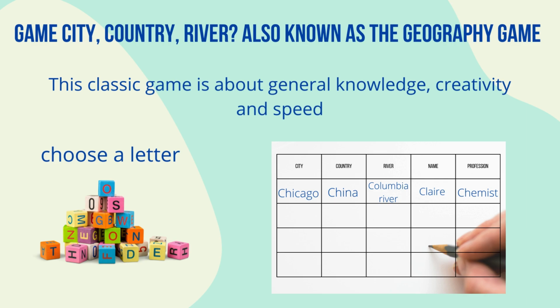Now an initial letter is determined for each game round, for which matching terms must be found in all categories in 1 or 2 minutes. As soon as a player has written down a term for all categories, the round ends, the terms entered are compared, and points are awarded. This classic game is about general knowledge, creativity, and speed accordingly.